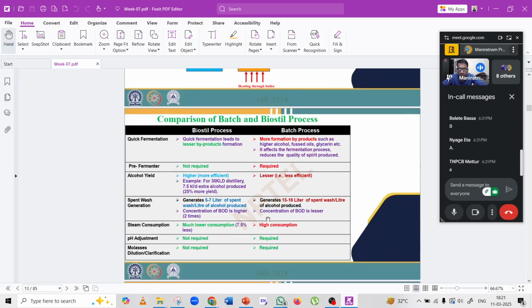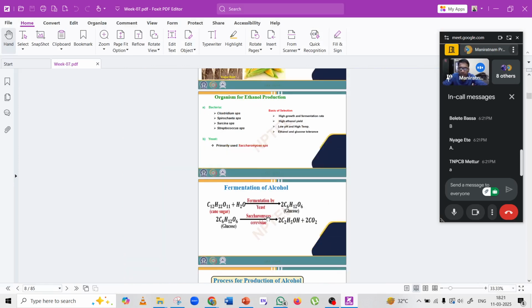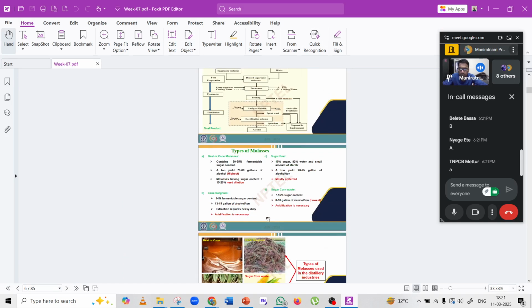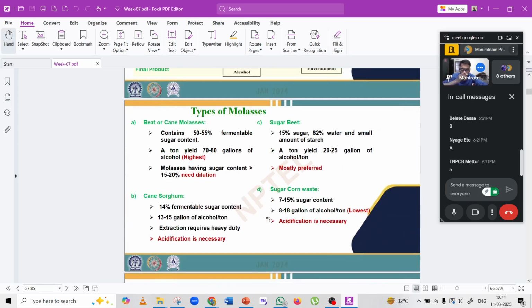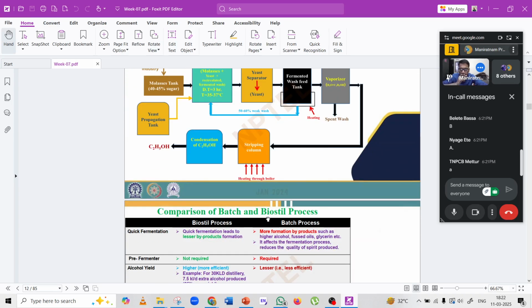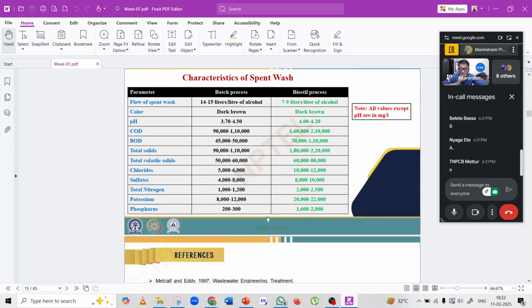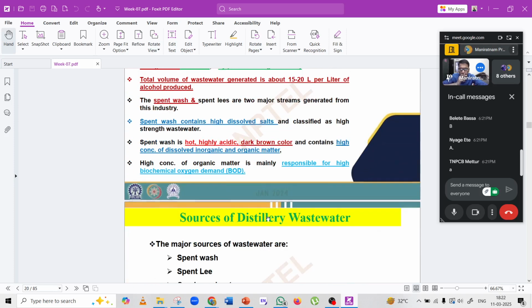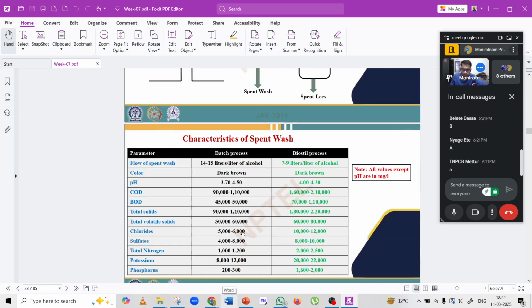Now here you can see the pH range. I have noted it down, but I'm not getting it here.